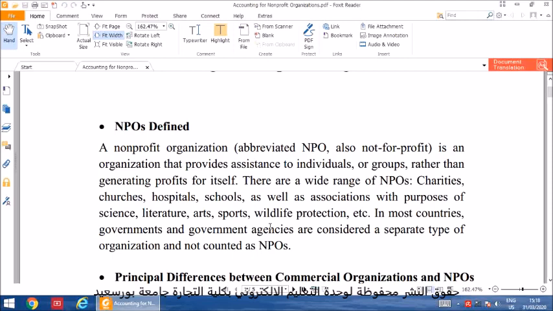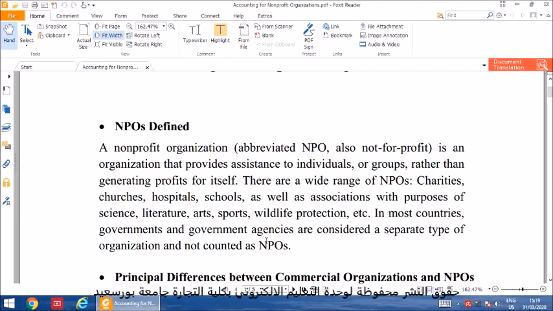In most countries, governments and government agencies are considered a separate type of organization and not counted as NPOs. This is a good point. Governments and government agencies are what you studied in governmental accounting, in the first semester of the third year.